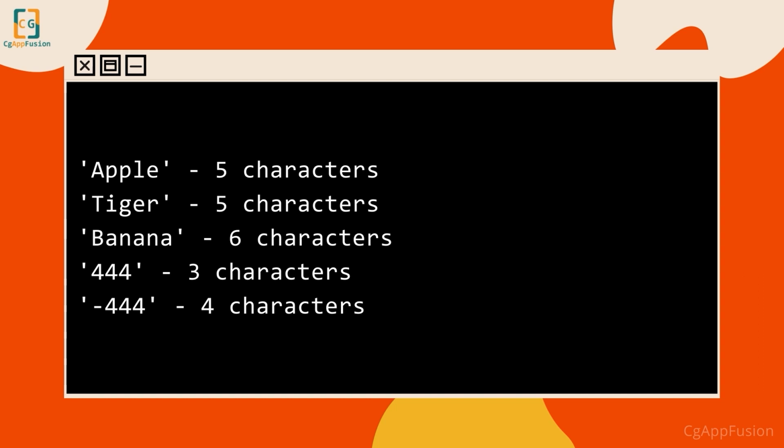So 4 is also considered a varchar because it's in quotation marks. And same for negative 444. But as you can see, the negative 444 length is 4 because we count the minus symbol as a character also. So varchar is the most commonly used because most of our text information does vary in length.